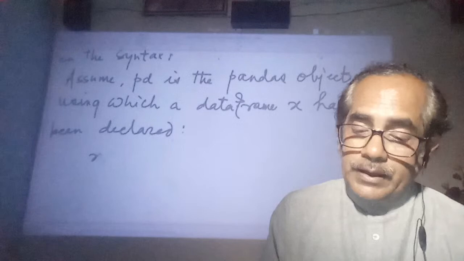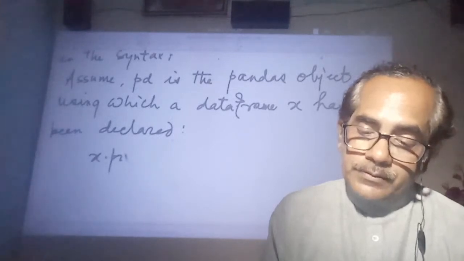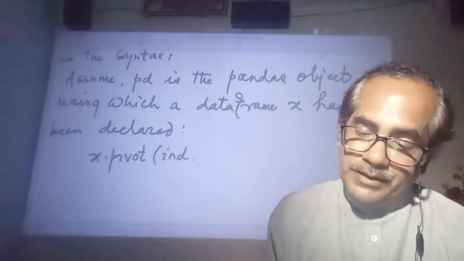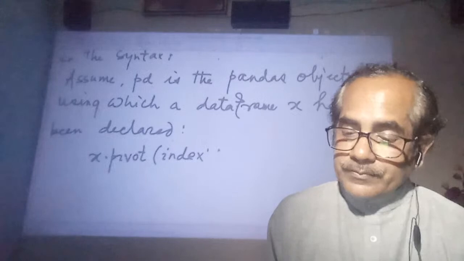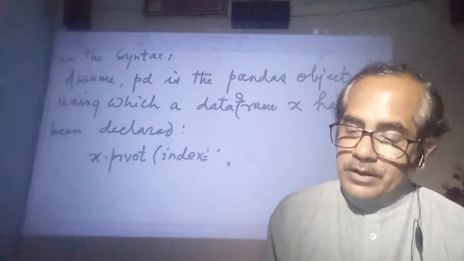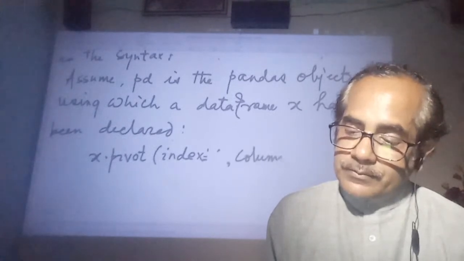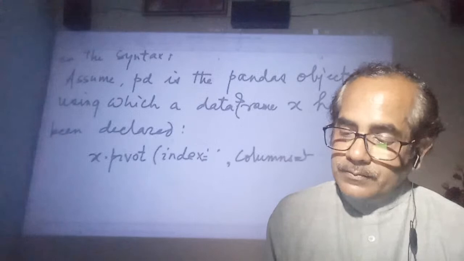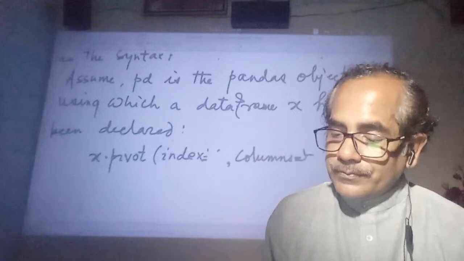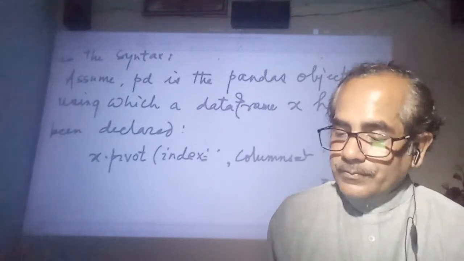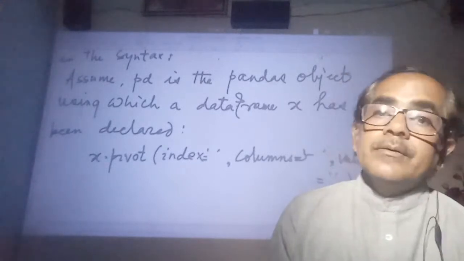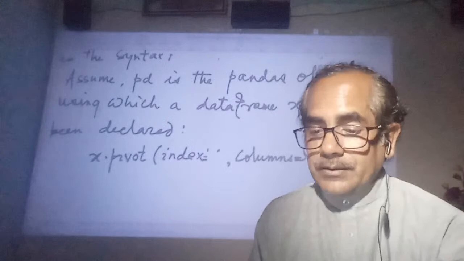So X dot pivot, first of all to specify what will be the index, then what columns you are considering, and what values you want to consider. Now practically let us see this.